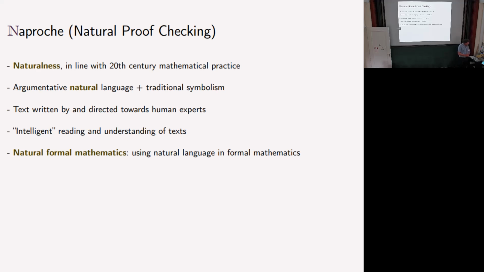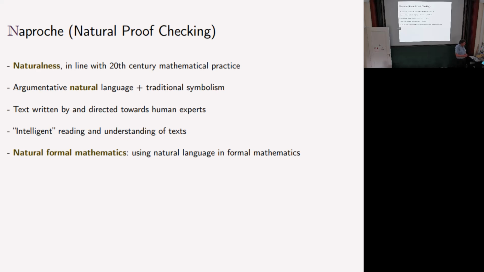And so you see there argumentative natural language in between formulas, in between symbolic material. So that is the kind of language which goes into, let's say, mathematical papers, and which is then read by other mathematicians and processed by their intelligence.